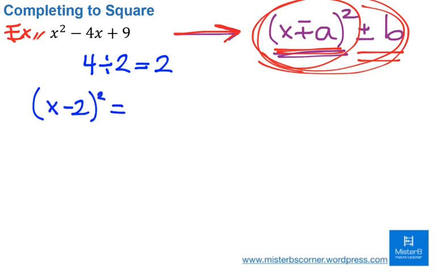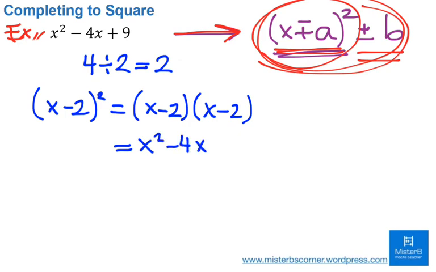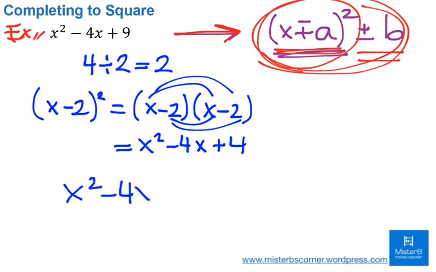Fine. Let me expand this. x minus 2 times x minus 2 is x squared minus 4x plus 4 when you do all the work, right? And what I'm given is x squared minus 4x plus 9.